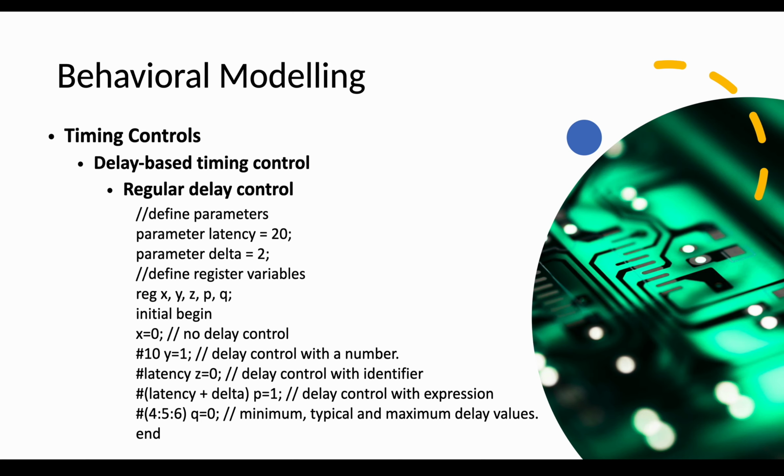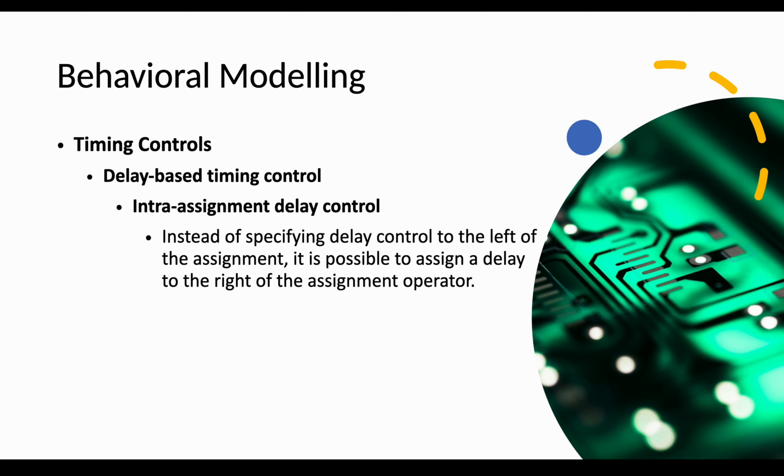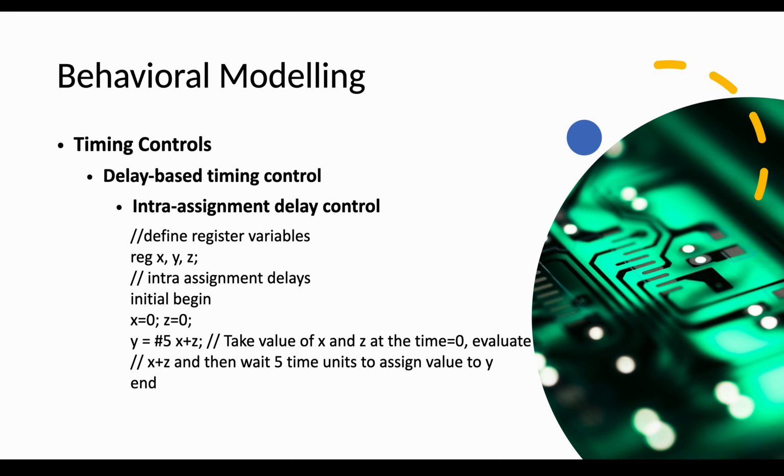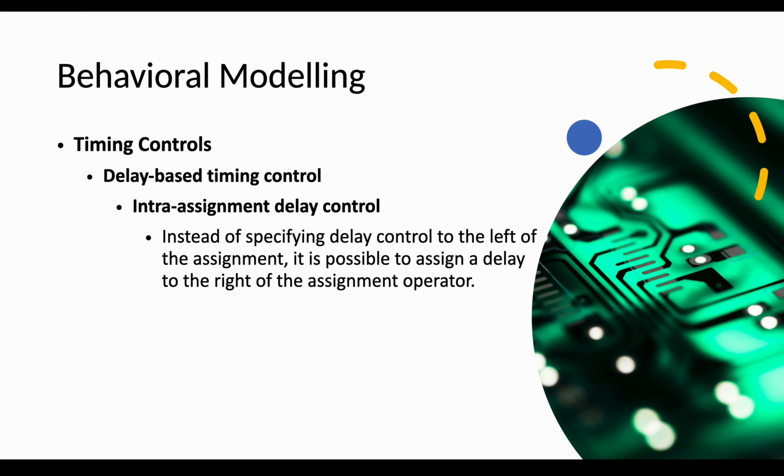The next one is intra-assignment delay control. Instead of specifying delay control to the left of the assignment, it is possible to assign a delay to the right of the assignment. Here is an example of intra-assignment delay control. I have defined 3 registers X, Y, Z. We have already discussed that the intra-assignment delay is specified to the right of the assignment operator.